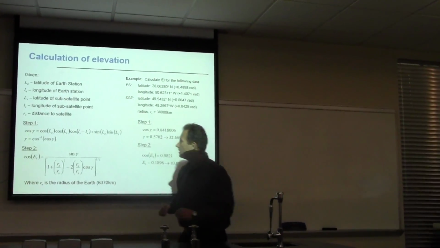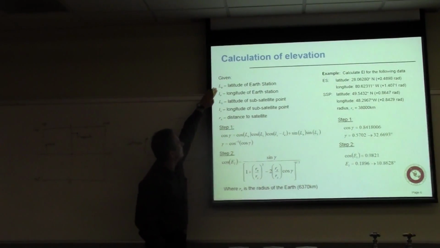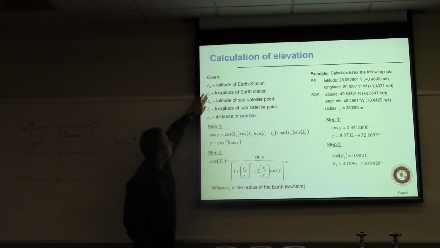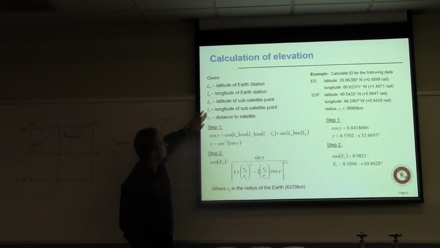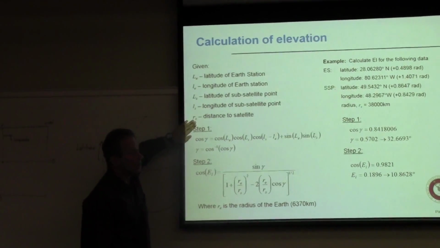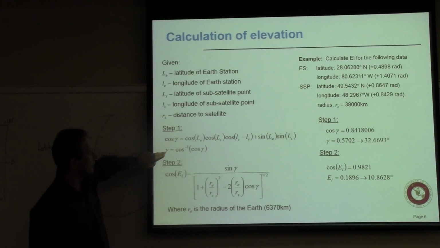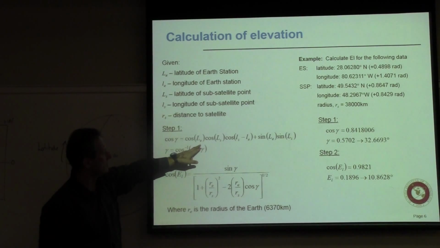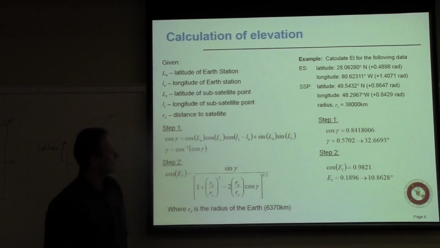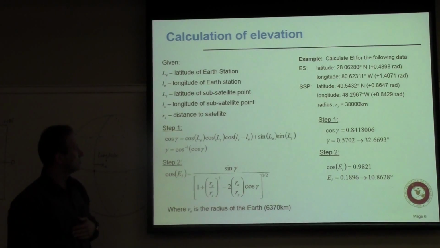And for the elevation angle, there are two steps here. So input data: latitude and longitude of the Earth station, latitude and longitude of the subsatellite point, and r_s is the distance to the satellite. To calculate the elevation, you go through two steps. One is you calculate the cosine of this intermediate angle gamma, and you can see the calculations here: cosine of the latitude of the Earth station, cosine of the latitude of the satellite, cosine of the difference in longitude, plus sine of these two latitudes.